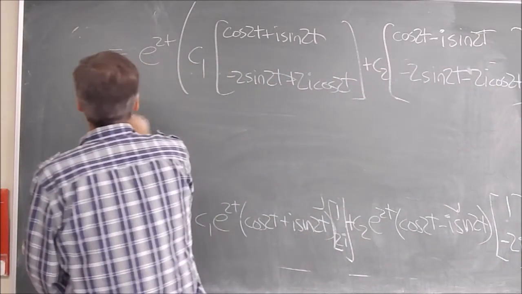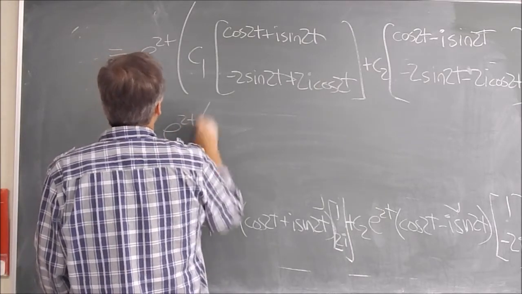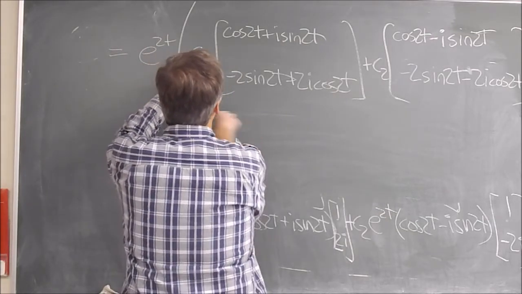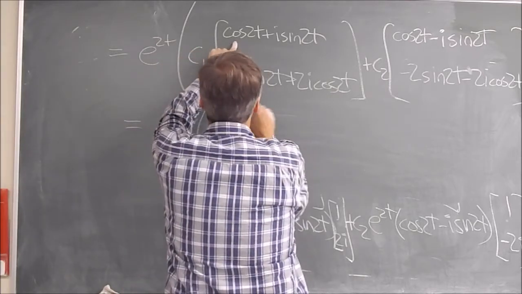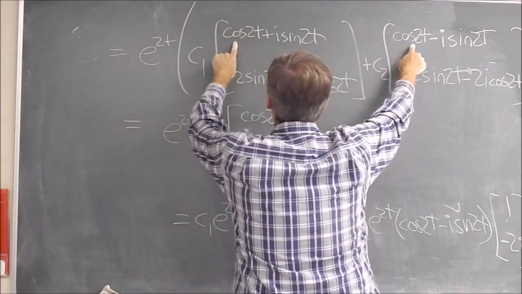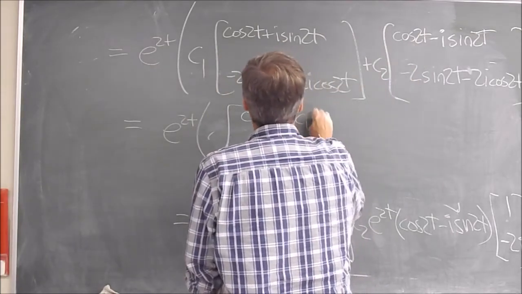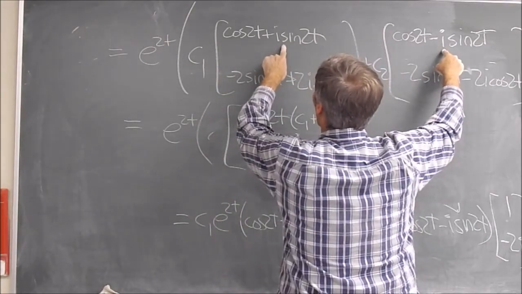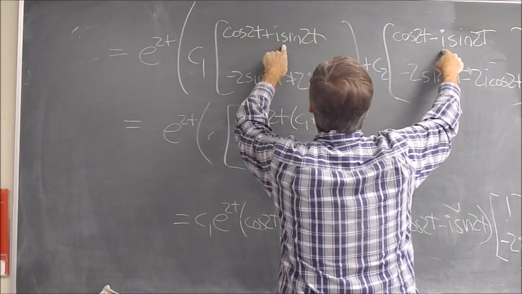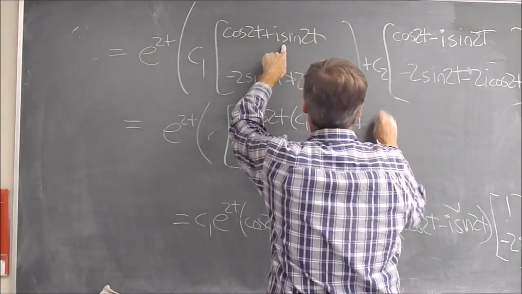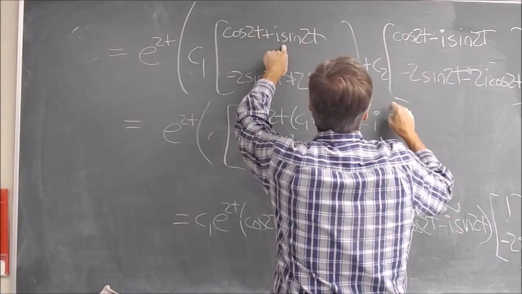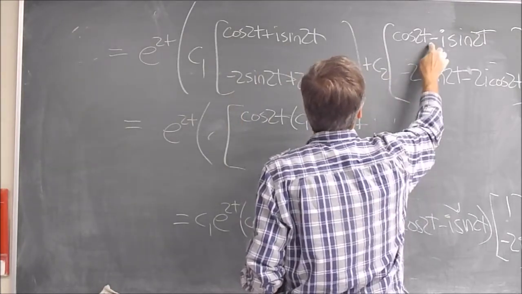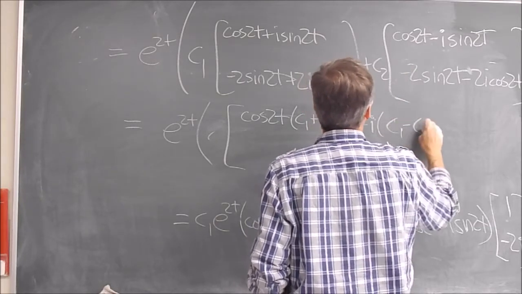Alright, now we can group the real parts and the imaginary parts. I've got e to the 2t multiplying, let's see, I have the vector cosine 2t multiplying c1 plus c2, and then i multiplies c1 minus c2 sine 2t, sorry, i multiplies c1 minus c2 sine 2t.